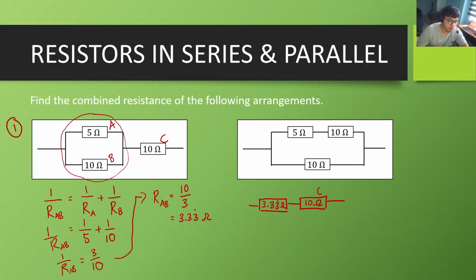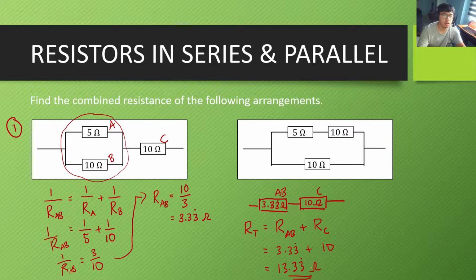So if you want to know what the overall total resistance is of these two, let's call this AB now, that is equal to resistor 1, which is resistor AB, plus resistor 2, which is resistor C. Resistor AB is 3.33 ohm and resistor C is 10, and that will give us 13.33 ohm, and that is the total effective resistance of the first circuit here.